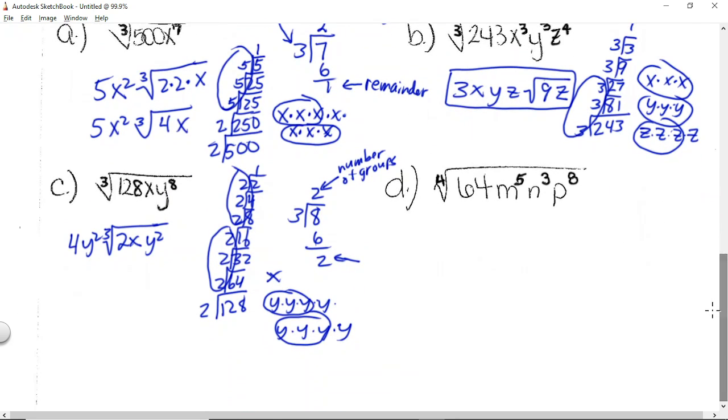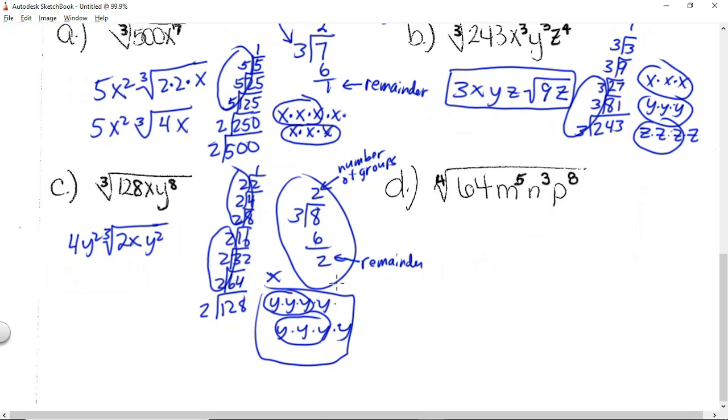I'll call that again remainder. It tells us how many of those y's remain inside the radical. Okay, and that's 2, right? And that's the way we did it. We'll get the same thing whether we do it this way with the division, or whether we do it as we did down here by writing down the y's and the x.